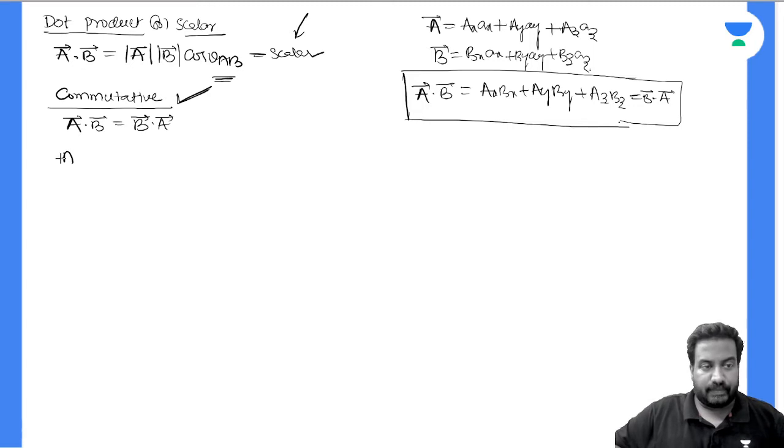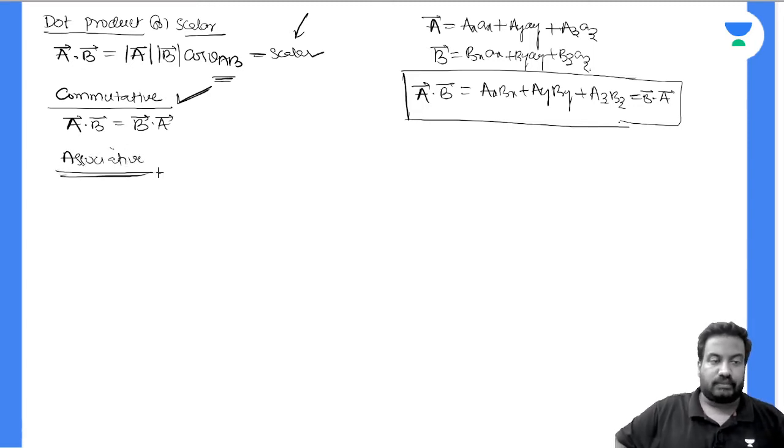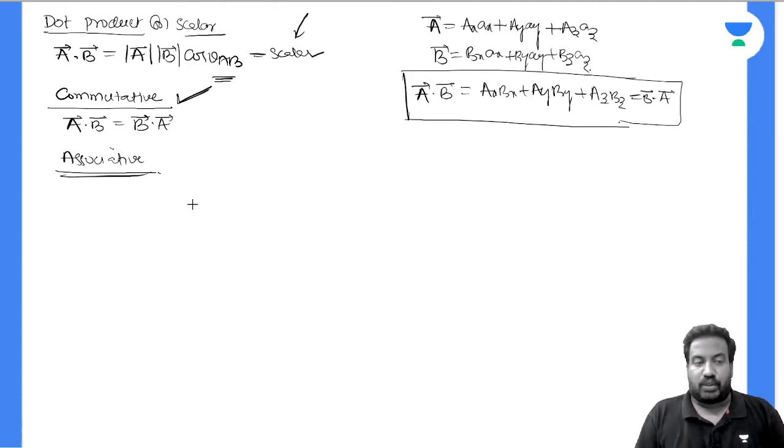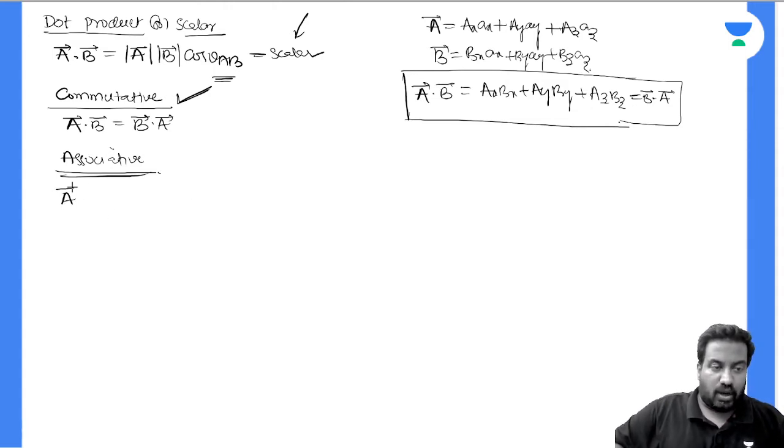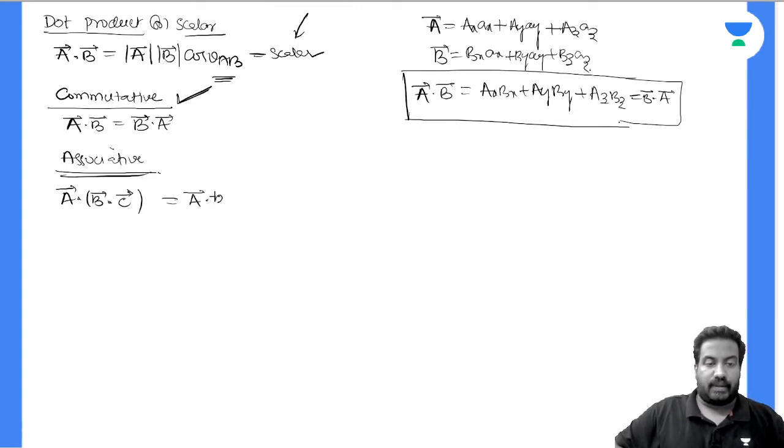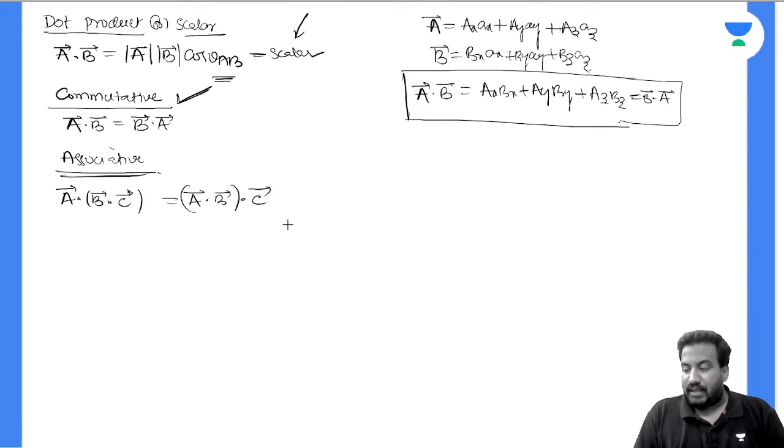Next. Associative law. Tell me, dear, does dot product obey associative law? Order should not change. A dot B dot C is equal to A dot B dot C. Is it possible to write it in this way?